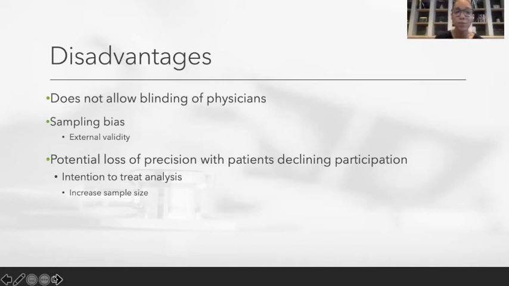Also, there's a lot of sampling bias, because think about it. The patients included in this type of study are patients who are already in clinical practice or come for this particular condition.